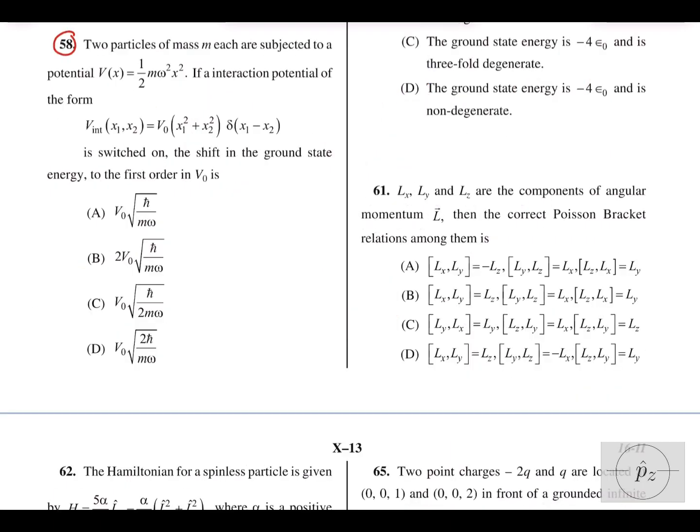Problem number 58. Two particles of mass m each are subjected to a potential like this. If an interaction potential of this form is switched on, the shift in the ground state energy to the first order in V naught is.